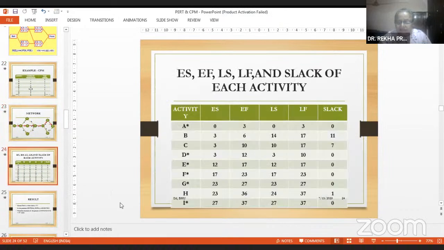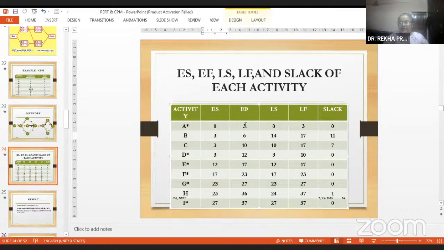Then once you have drawn the network, you find out the early start, early finish, late start, late finish, and slack for each activity. Early start means the earliest when you can start. For example, A is the first, so it will start on day 0, and it takes 3 weeks to finish, so you add that duration to it. So 0 plus 3 is 3.